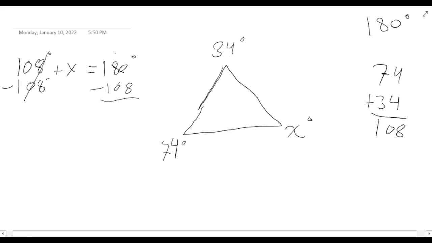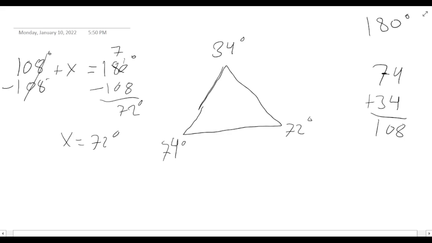And our answer when we subtract will be 72 degrees, right? Because we can drop down the x equals 72 degrees. Now let's replace this x with 72.